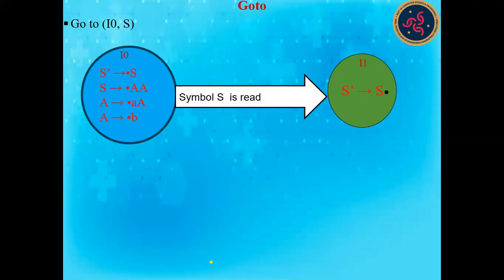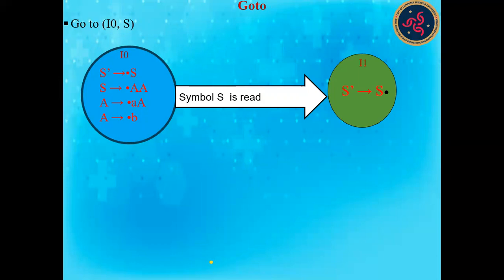Since we have read a symbol S, this dot operator will move forward. This production, S prime gives S dot, will come like this. Is that clear?